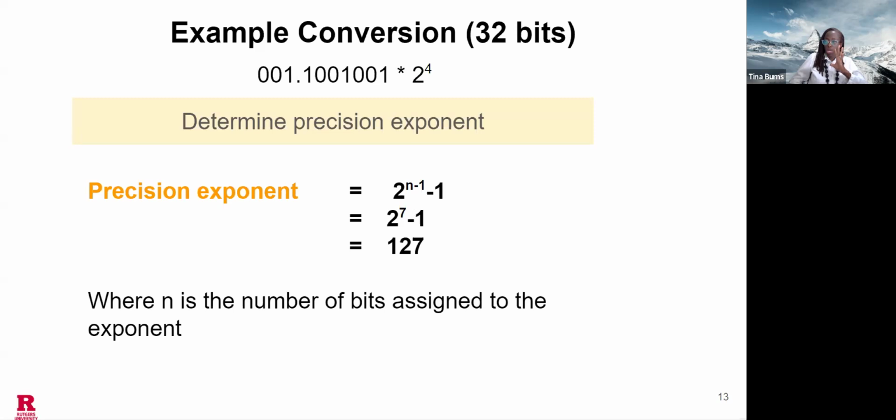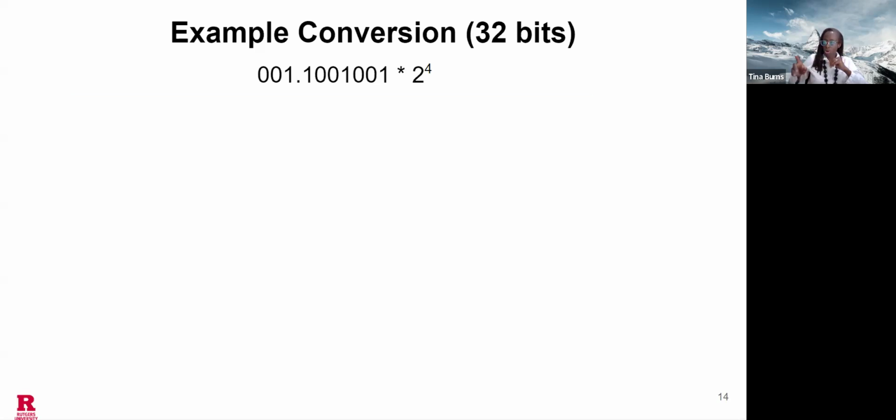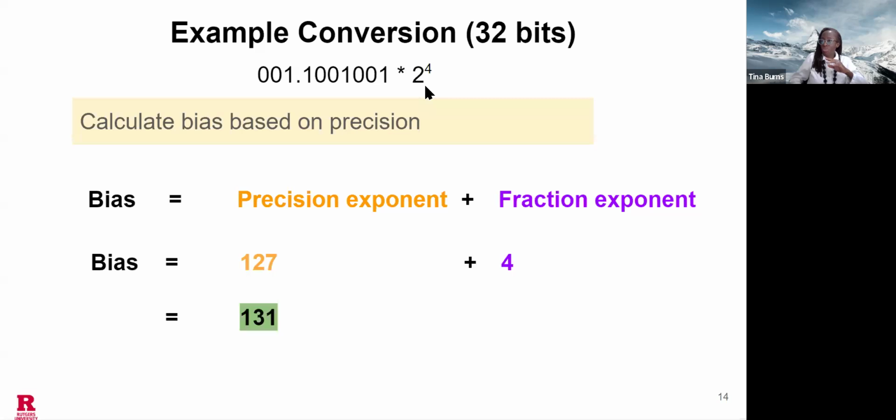So I already know I can fit 127 values into this particular item. But I also know there's something involved with how I have moved this decimal point around and how the number itself is represented, because now this is not in the original format, but I moved this 4 spaces. So I also need to include that information in terms of my bias.